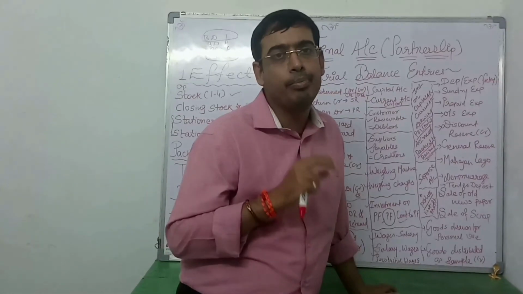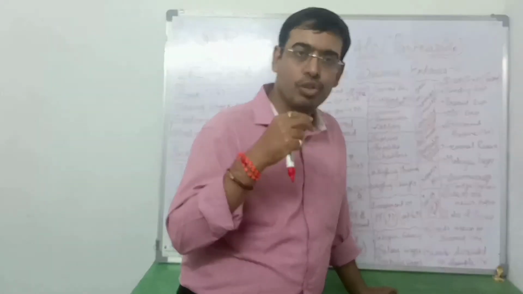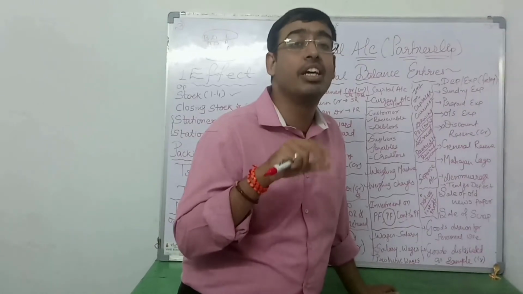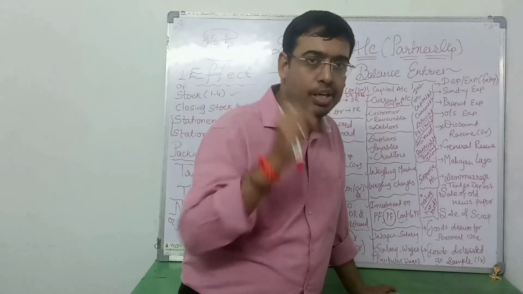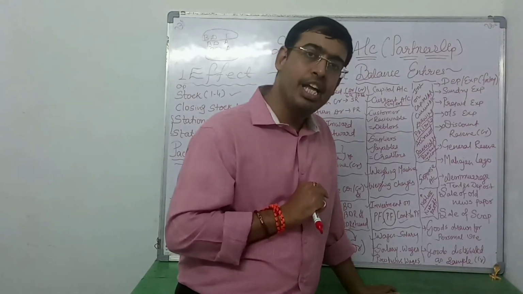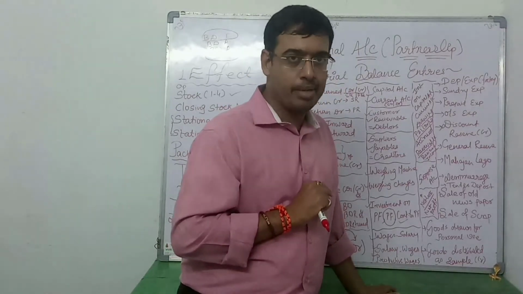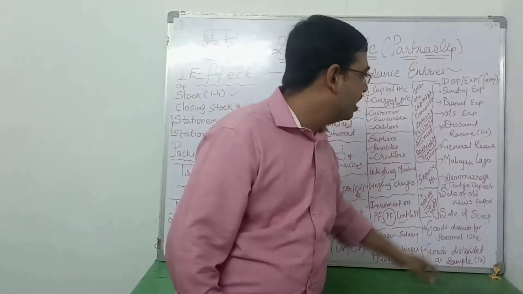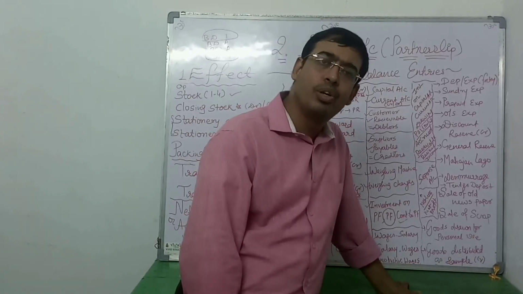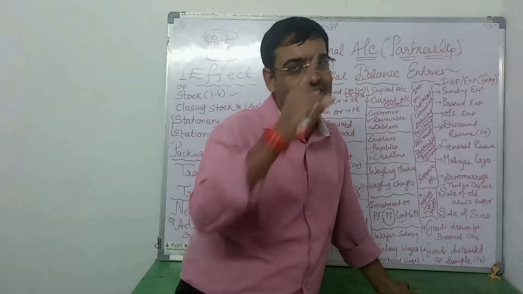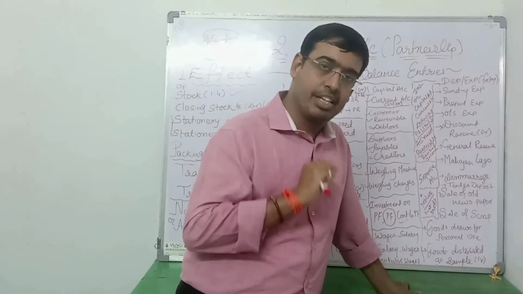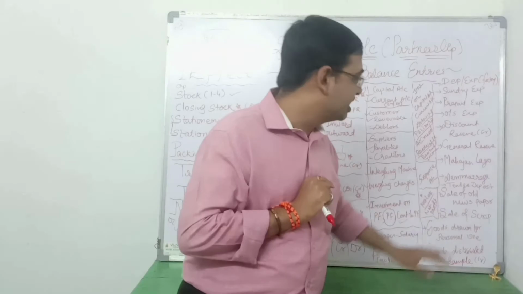Let's say I am a clothes businessman, so I am a member of the clothes association, and I need to pay a charge every year to remain registered in that association. That yearly charge which I pay is known as Mahajan Lago. It is related to your business and your trading, so it is a direct expense. That's why it will be written on the trading account debit side. Clear, Beta Ji?